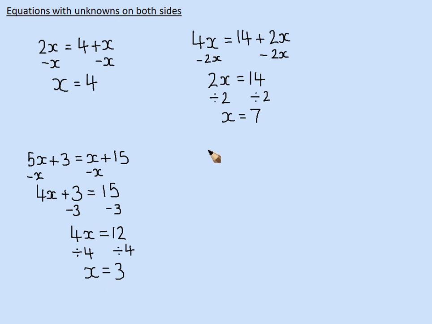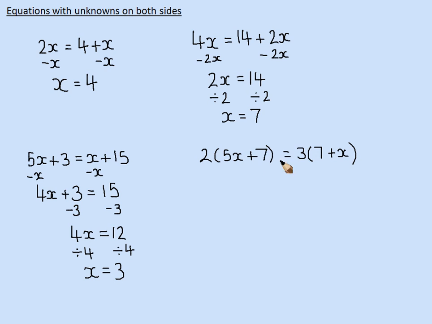And a really complicated one to finish off, so we're going to have a look at one that involves brackets. So 2 lots of 5x plus 7 equals 3 lots of 7 plus x. Now you've got to think about what you did when you were solving equations with brackets before.